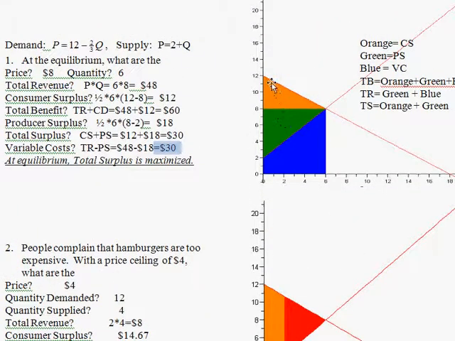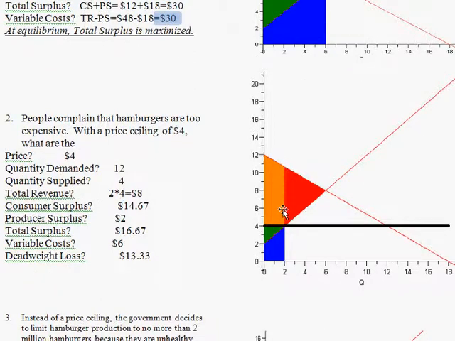So we're taking some of this total surplus, the orange and the green, and we're losing it. It's like we're chopping off the total surplus right here, and that's what gives us this red triangle. Everything over to the right, that part that was going to be total surplus, is now gone.